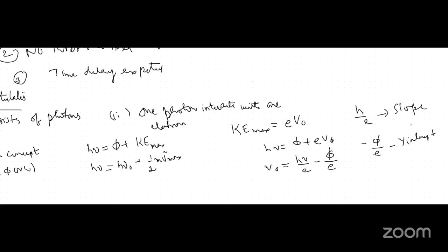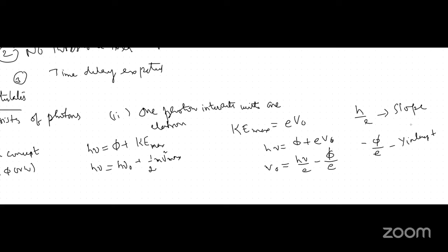The equation is in the form y equals m x plus c. So h by e gives the slope and minus phi by e gives the y-intercept. This is Einstein's relation for the photoelectric equation in terms of the stopping potential.